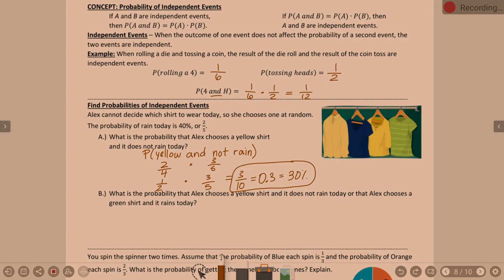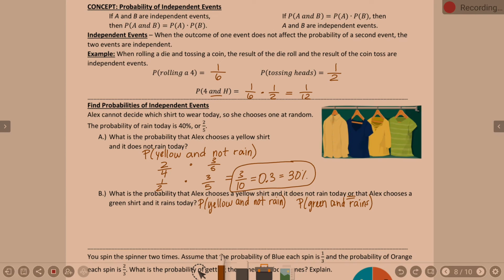Because the first piece is the probability of yellow and not raining, and we can definitely steal our answer from above. And then it says, or what? Probability that Alex chooses a green shirt and it rains.